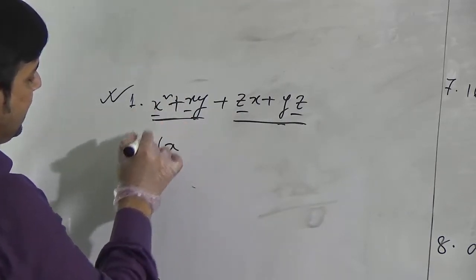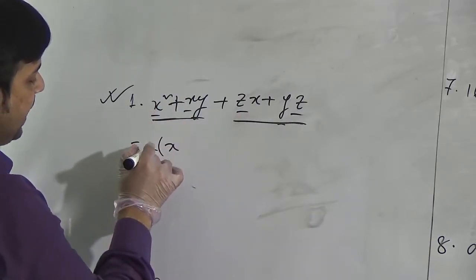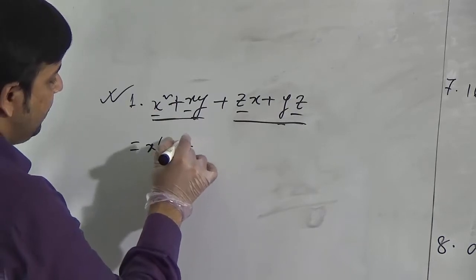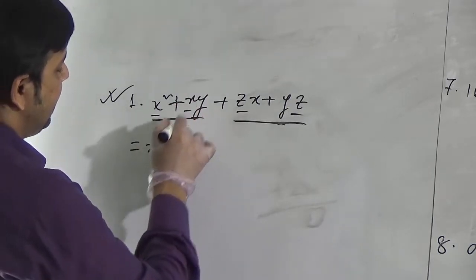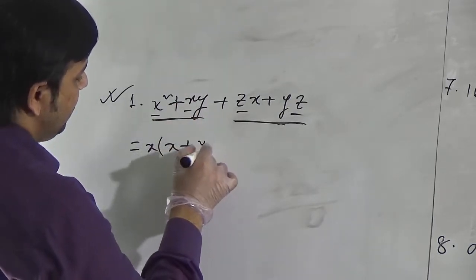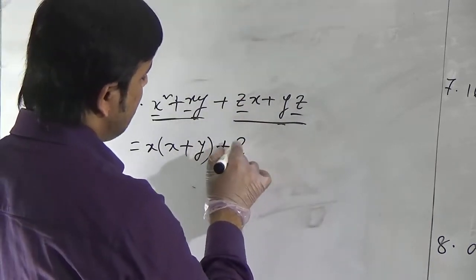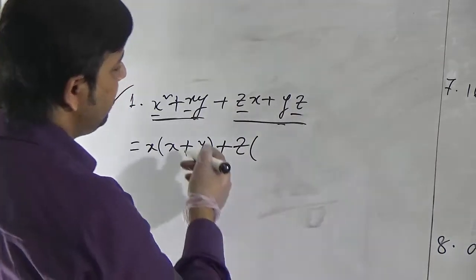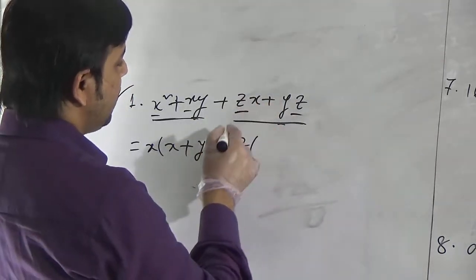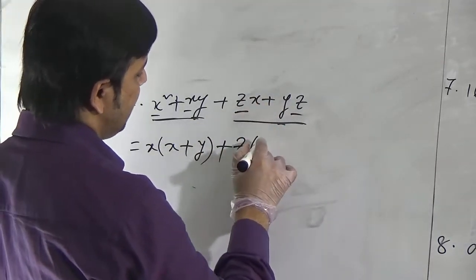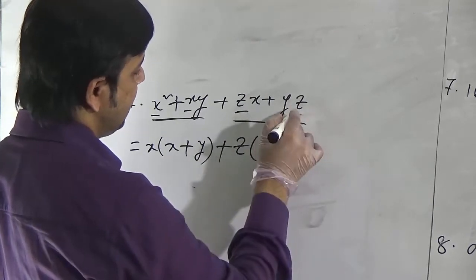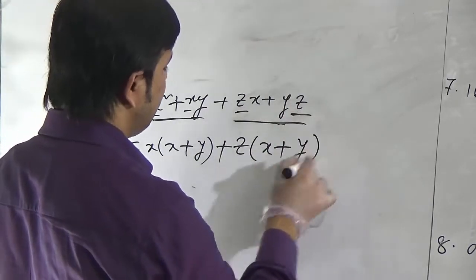If we divide x square by x, x will be the quotient, and if we divide xy by x, y will be the quotient. Then we have to take z as common from the next 2 terms. If we take z from this term, we will get x here, and if we take z from this term, we will get y here.